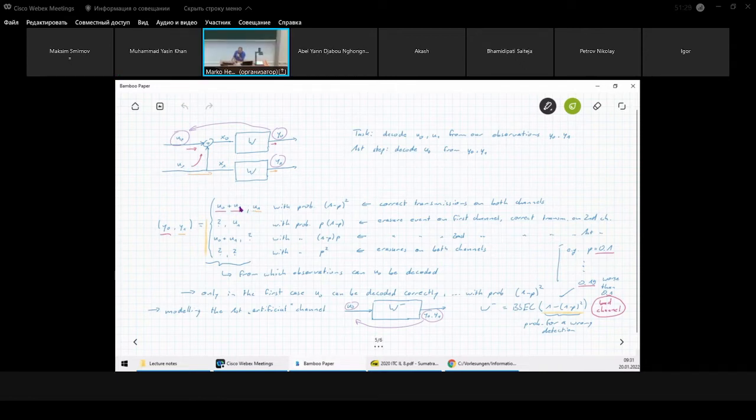For example, if the sum is 0, and U1 is 1, then I just need to ask the question, what value U0 plus value U1, which is 1, results in a 0, and from this I can conclude U0 must be 1. So in the first case, I could conclude on the value of U0.